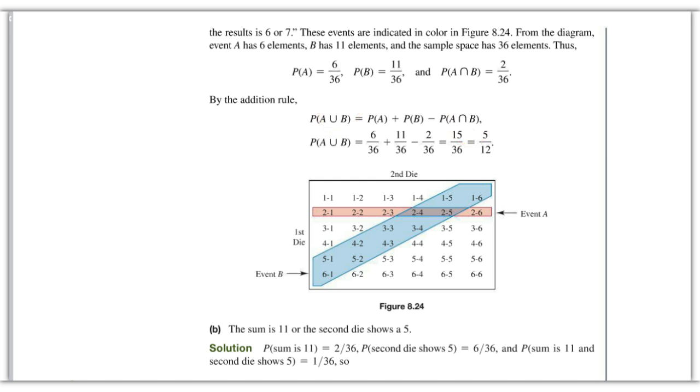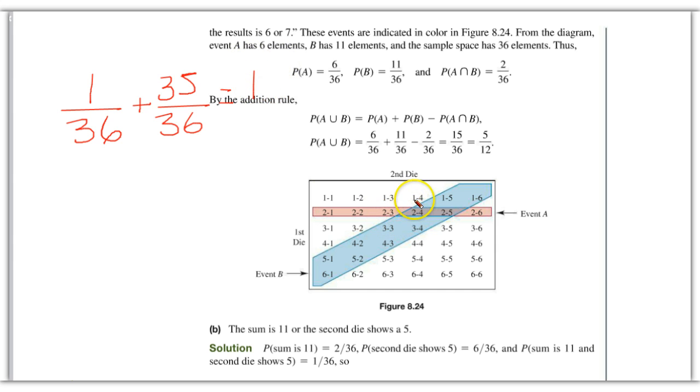The possibility when you roll the dice to get any one of these is going to be 1 out of 36. And if you get all of them, that would be 36 out of 36, or the whole, the 1.